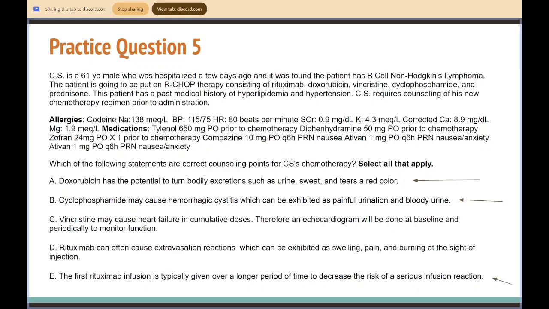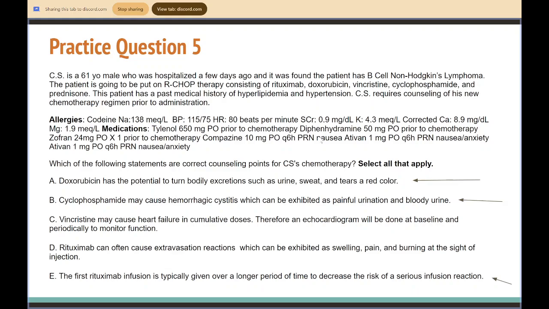Now, choice D is incorrect because rituximab does not cause extravasation. Doxorubicin and vincristine do have a risk, and they are both vesicants. So that will be painful. Choice E is correct because it does have a risk of serious and fatal infusion reactions, mostly associated with the first infusion.